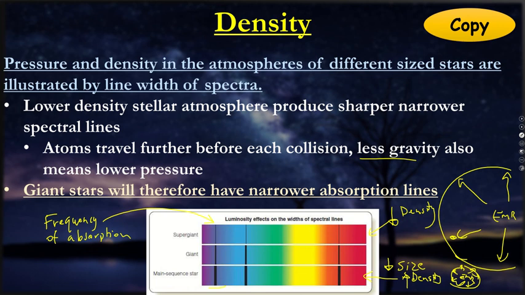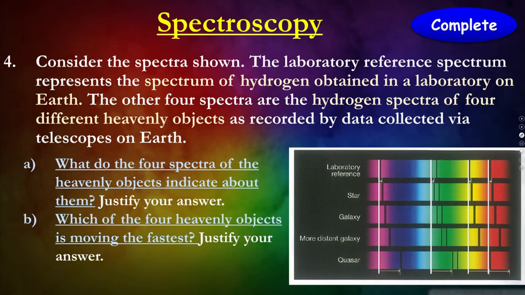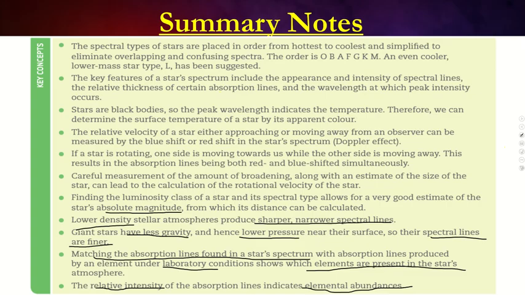These absorption lines would also tell us the abundance of elements in there as well. All right, so that concludes what we can learn from spectroscopy with looking into light and stars.